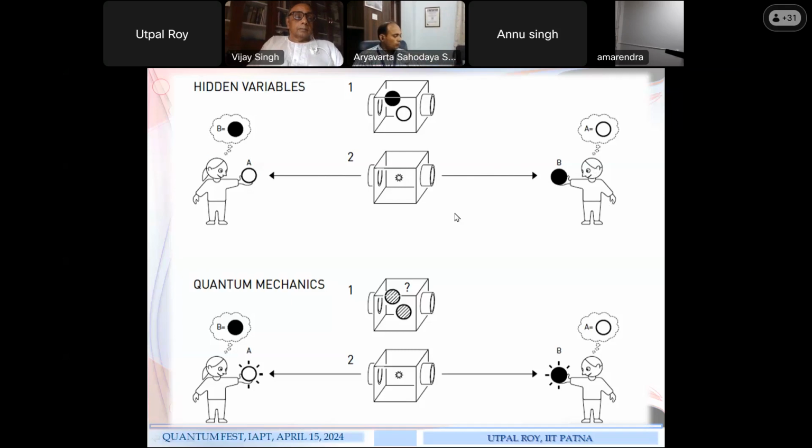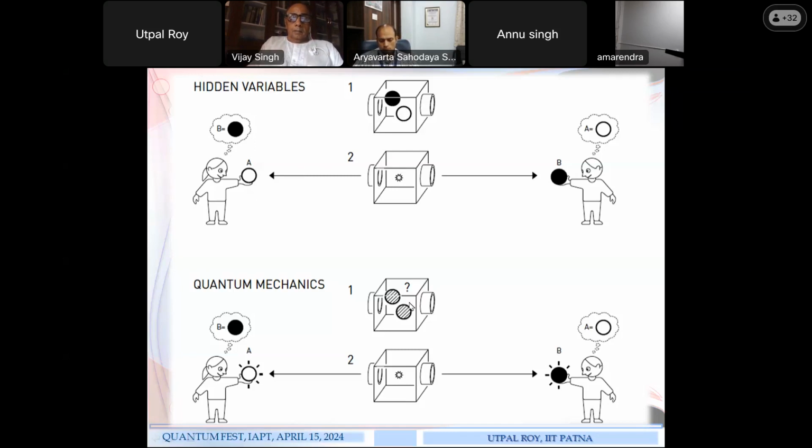What is the reason? The reason is that you knew previously that you had kept both the balls, one dark color and another white color. So that is why it is known. It is called hidden variables, that there is some hidden information associated with the system prior to the experiment.